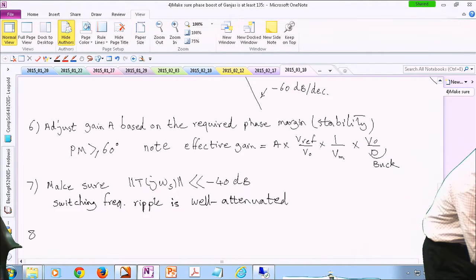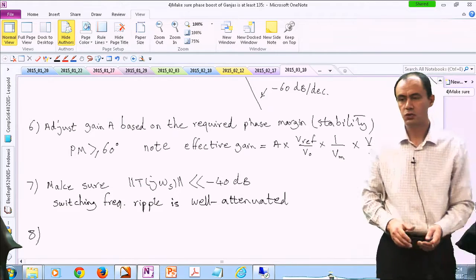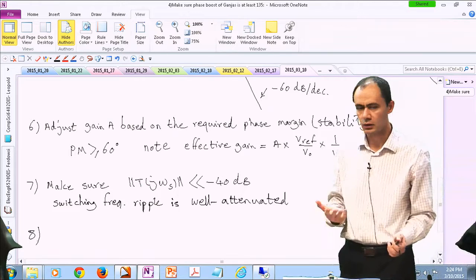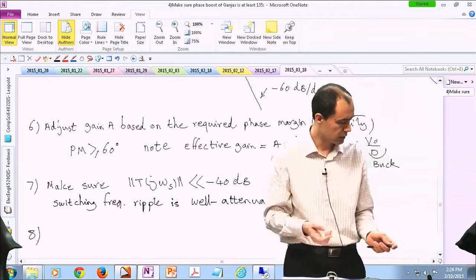And finally, in a lot of applications, your load is a variable load. Like it could be 2 ohms sometimes, it could be 20 ohms.